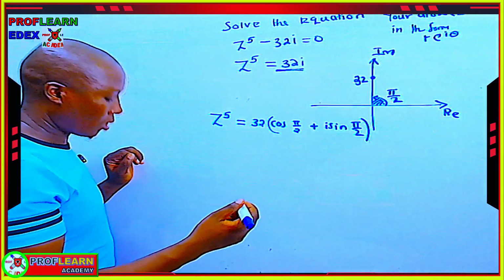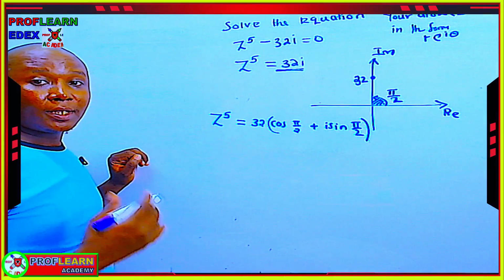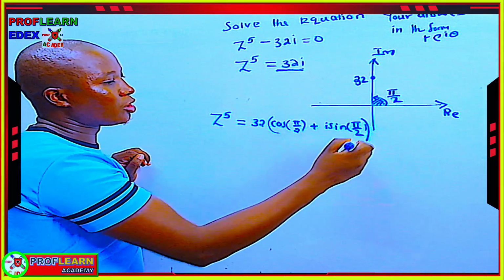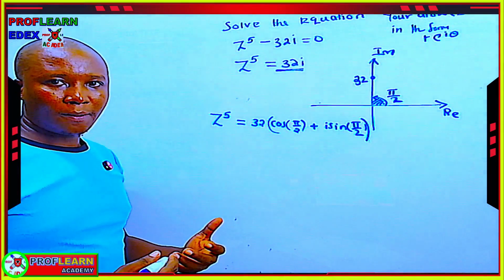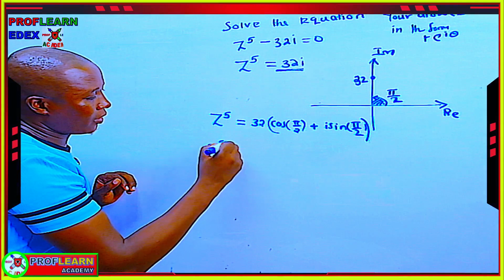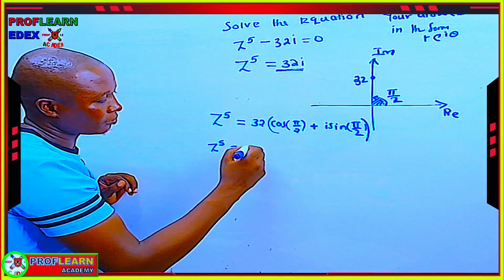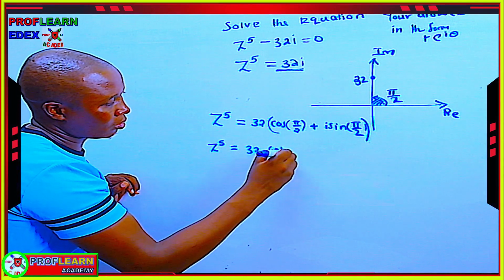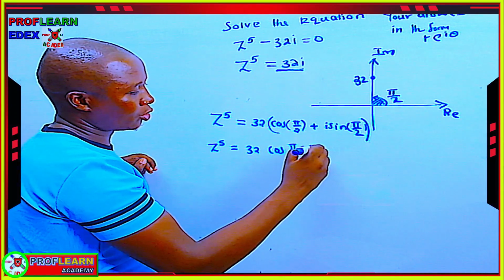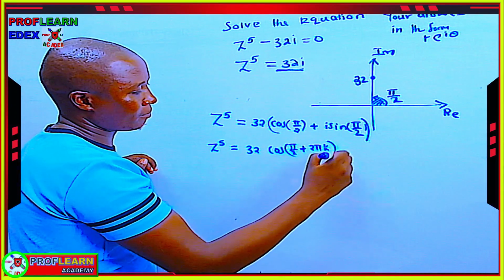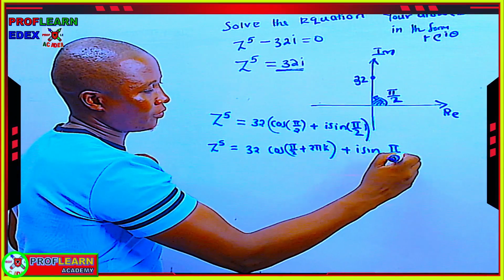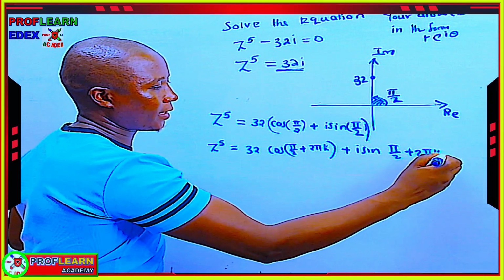But something that we need to appreciate is that the argument is not a unique value. You can write this as z to the power 5 is equal to 32 cos of pi over 2 plus 2 pi k, plus i sine of pi over 2 plus 2 pi k.